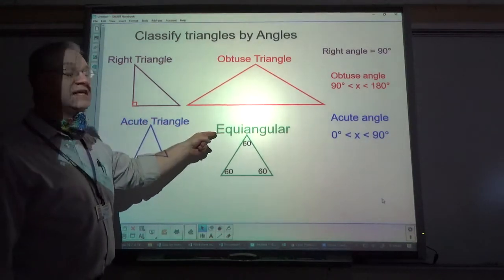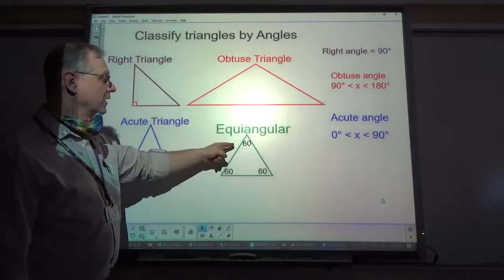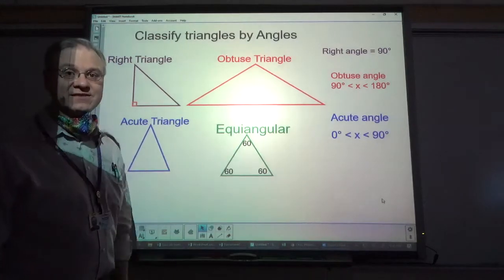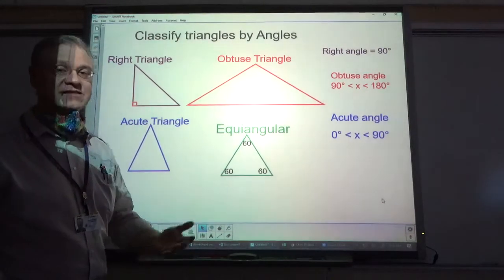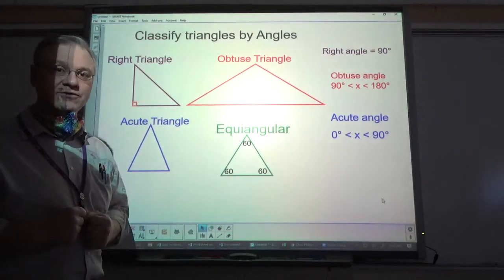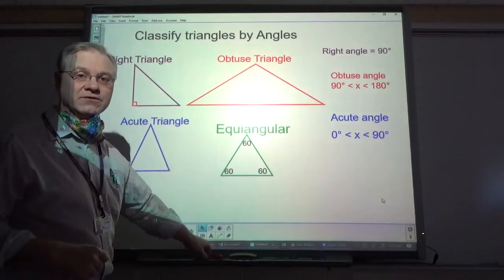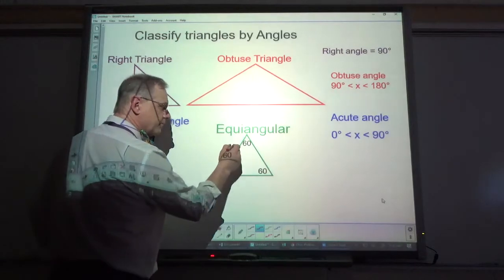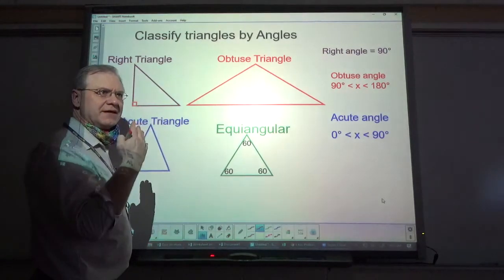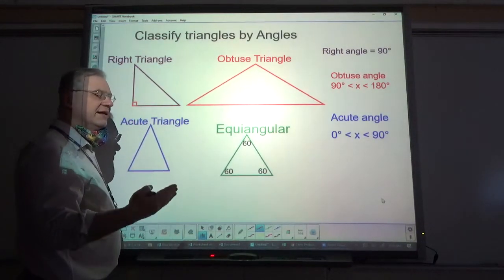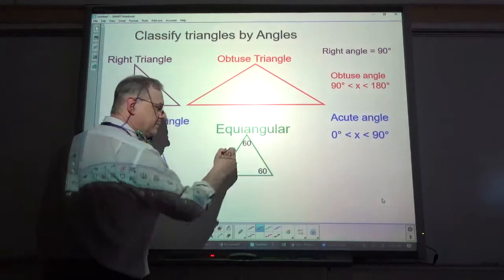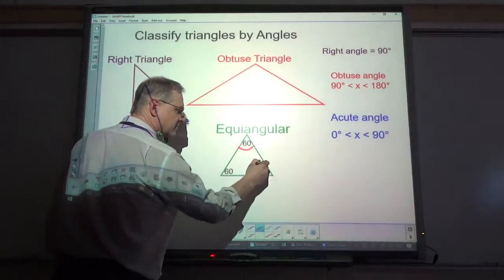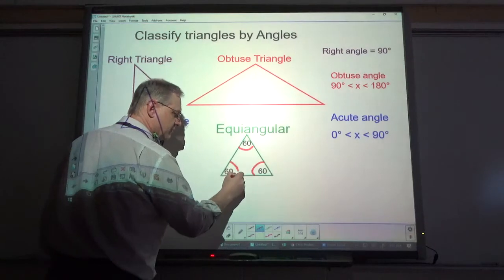And then there's the equiangular, where all the angles are the same and they all have to be 60, because we know there's 180 degrees in a triangle when you add up the angles. Now, one of the indications that angles are the same is these arcs that you can draw to represent them.